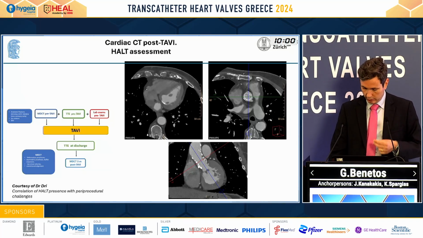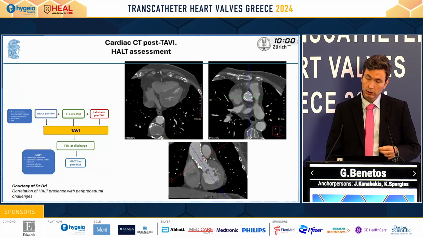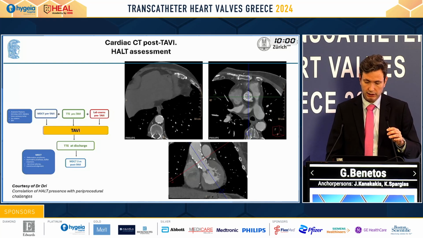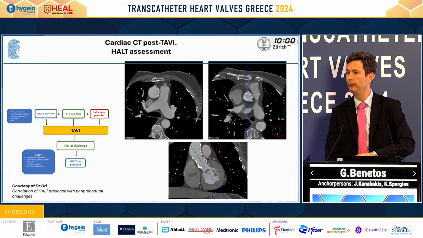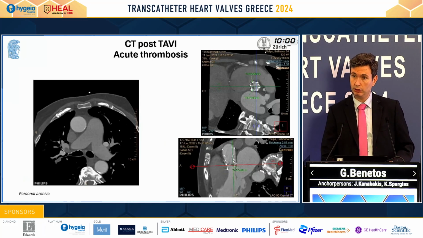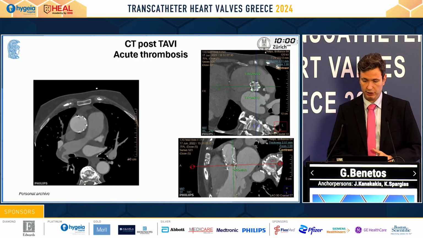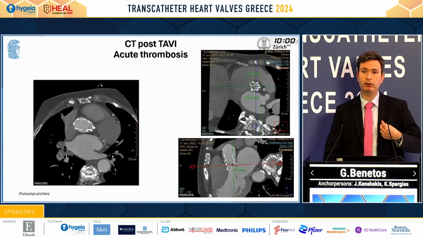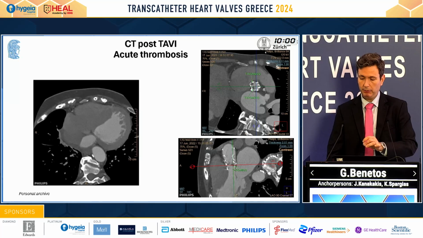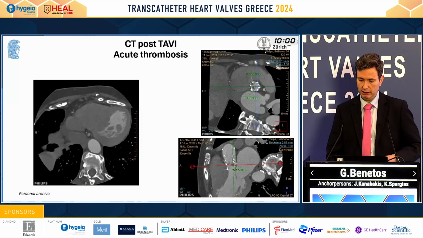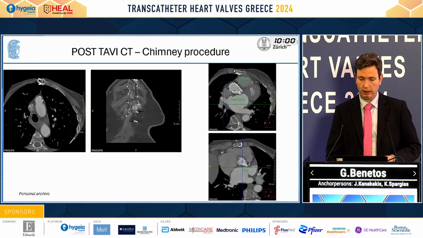There are some studies which we try to perform in the First Department of Cardiology in Athens in order to see how often HALT is 3 months after TAVI and if there is a correlation with peri-procedural complications. This is an example of an acute thrombosis in a CT post-TAVI where we see the hypoattenuated masses in the aortic valve.